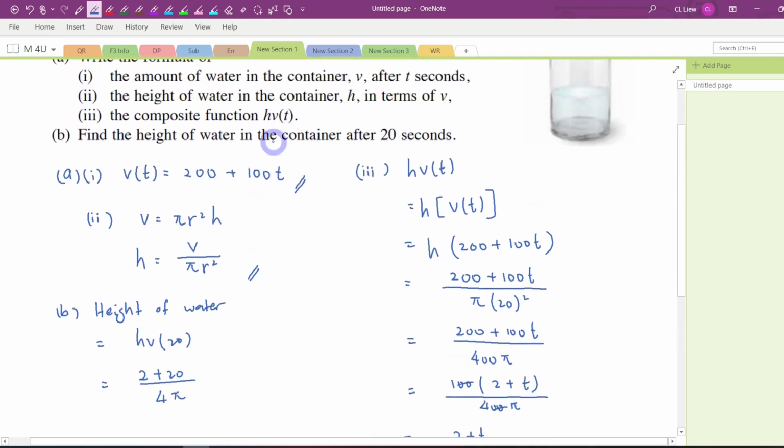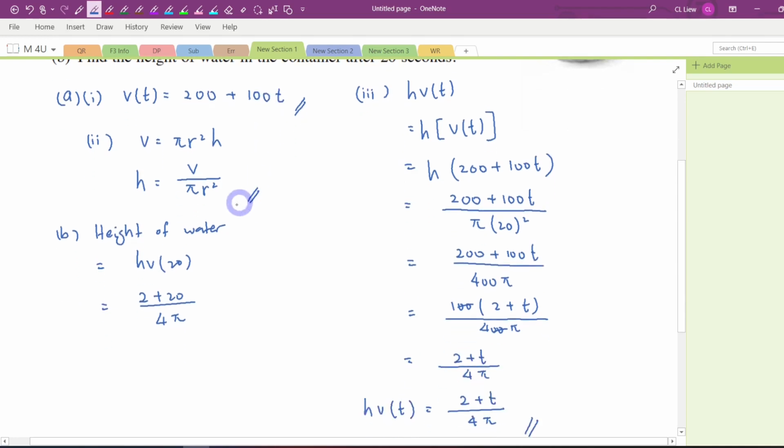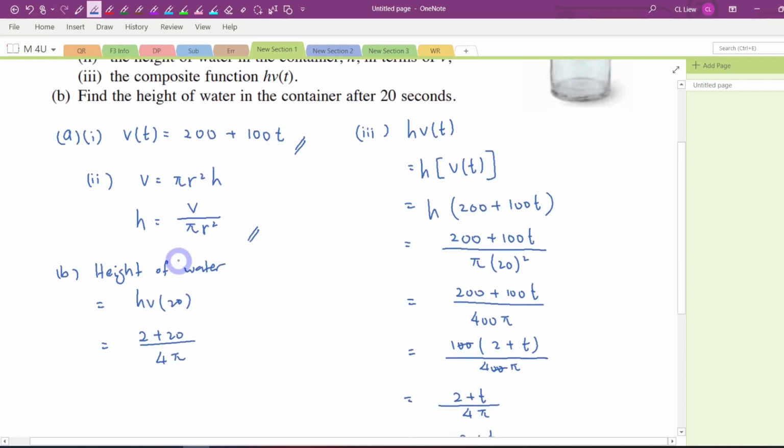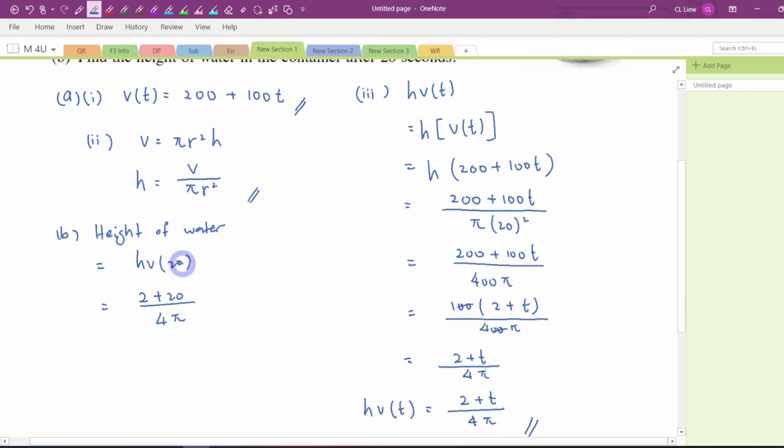Now, the question does not give us the value of pi. Normally in this situation, if no value of pi is given, the question will ask us to give our answer in pi. But when I refer to the answer given at the back of the textbook, the given answer is 1.75. So I think I will just use pi equal to 3.142.